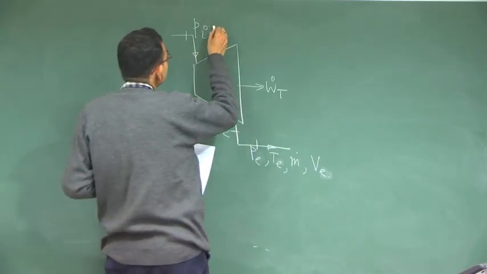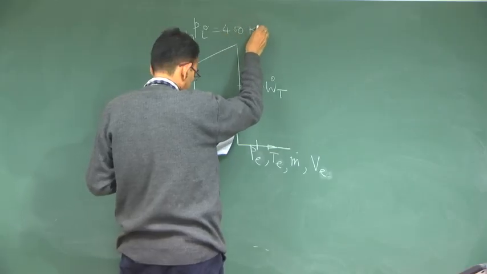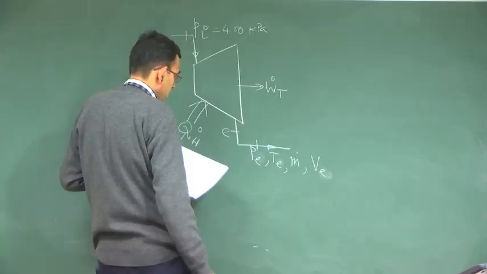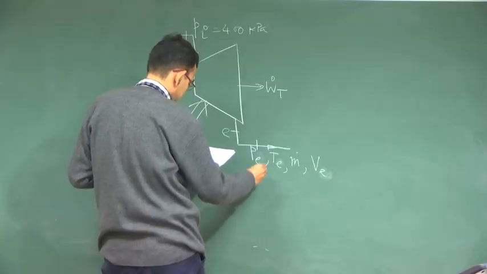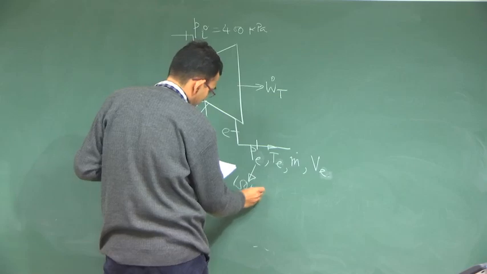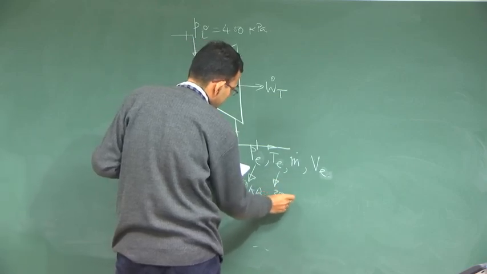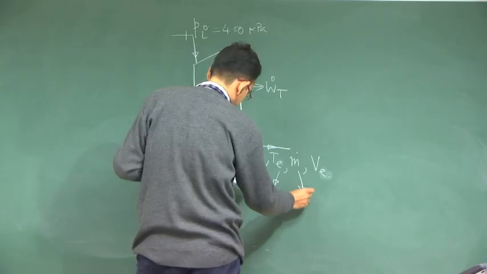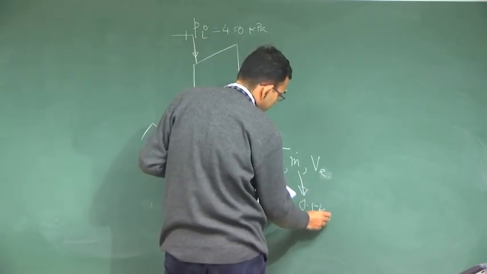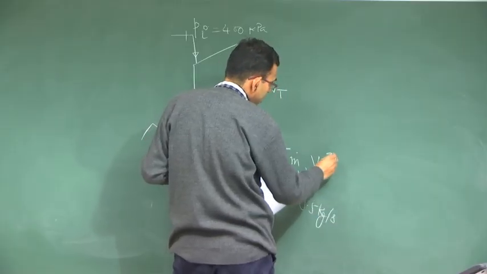Pi is 400 kilopascal, PE is 150 kilopascal, TE is 300 Kelvin, m dot is 0.5 kg per second and VE is 200 meter per second.